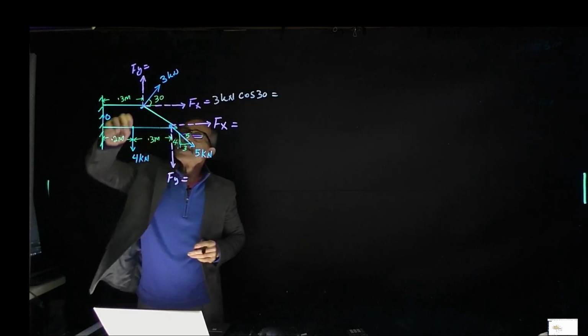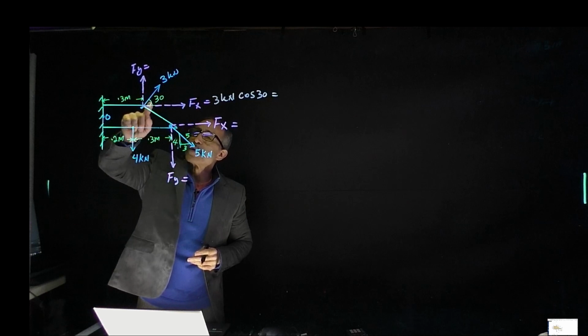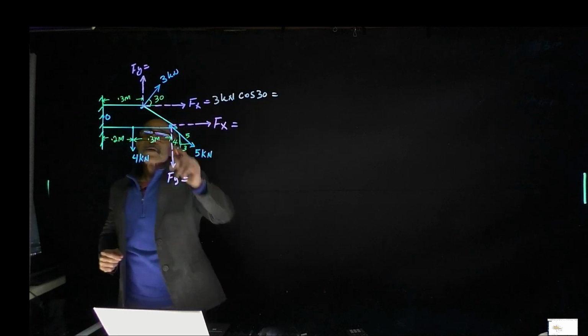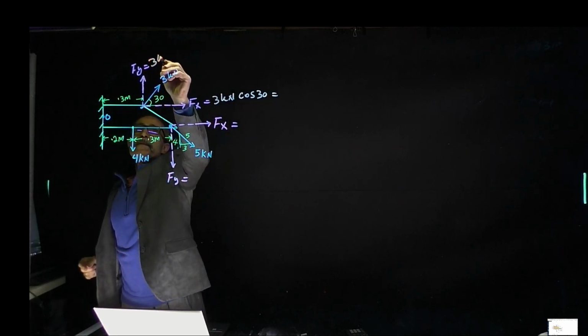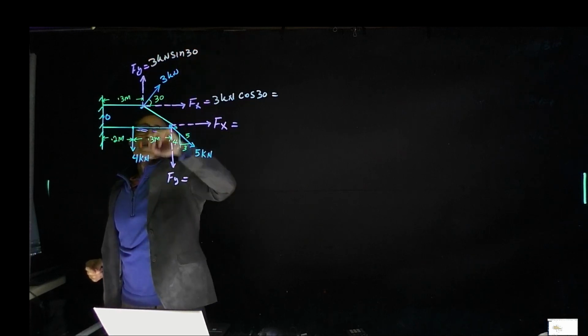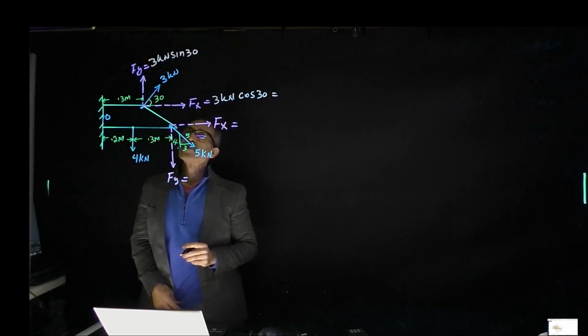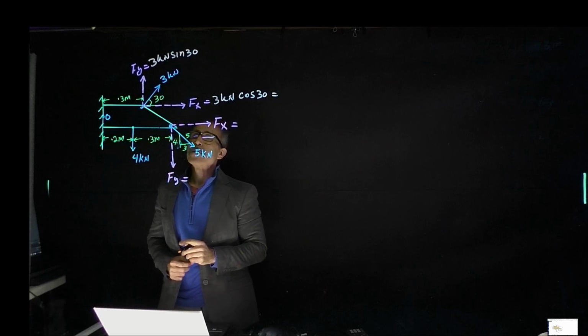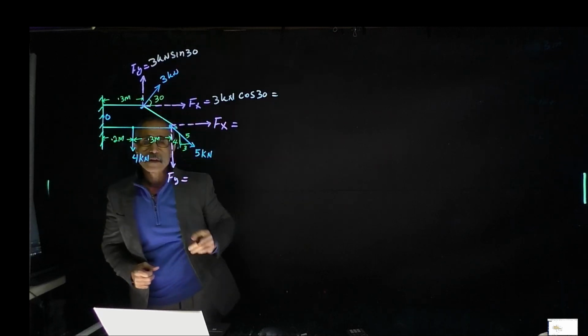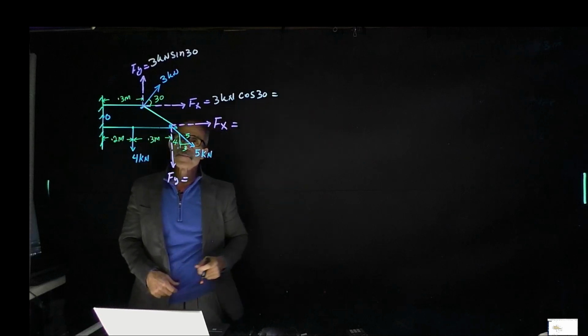The easy way: if this is my force and there's a 30 degree angle between here and horizontal, the vertical component is going to be the sine of this angle. So it's going to be 3 kilonewton times sine of 30. There. Now we have those two, or we can just say cosine of 60 because this angle comes out to 60.